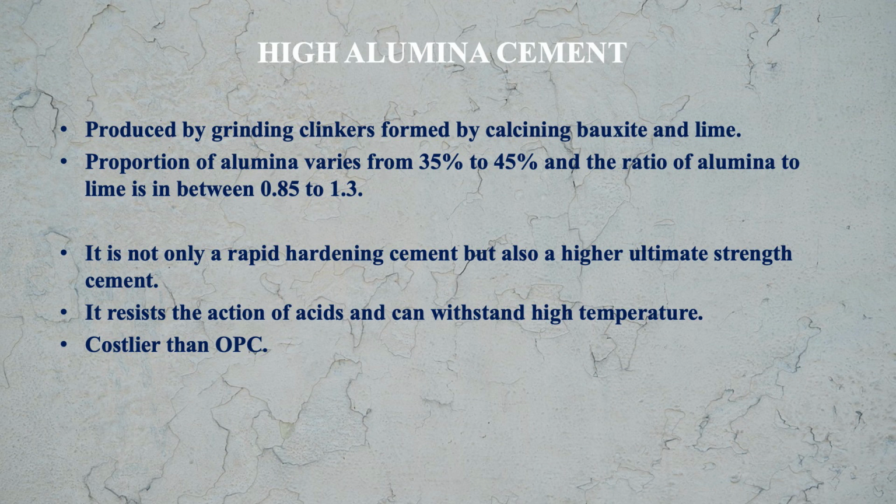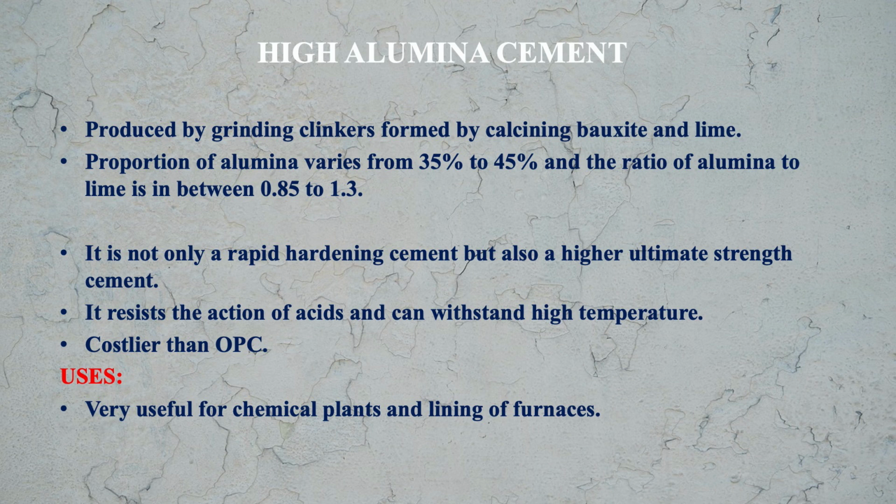Now, what are the uses of high alumina cement? High alumina cement is very useful for chemical plants because it can resist the attack of acids. So it is used in chemical plants and lining of furnaces because it can work up to a high temperature, and in a furnace a very high temperature is there.